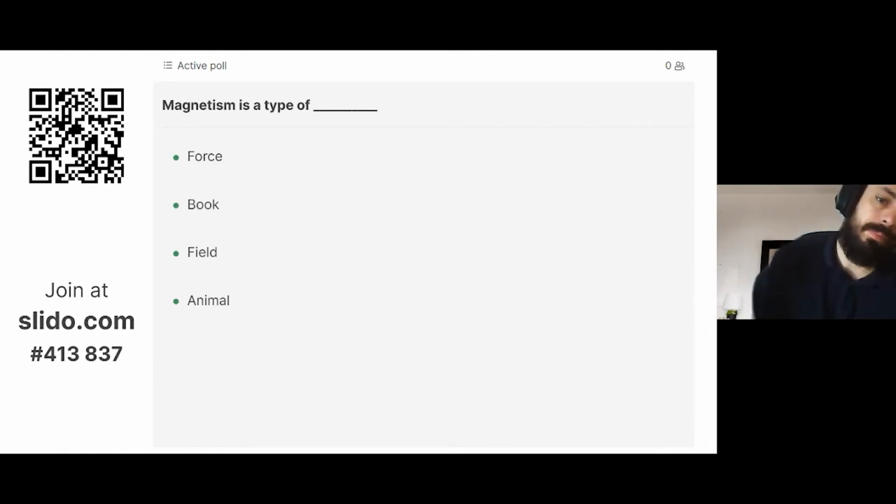Okay, so really easy fill in the gap question. Magnetism is a type of force, book, field, or animal. I don't know any animal that is called like that, but if you know, who knows? Okay, guys, 20 seconds for this answer, and then we're going to move on.